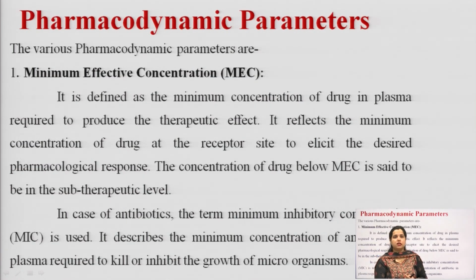Pharmacodynamic parameters are minimum effective concentration. Basically, minimum effective concentration is the concentration in plasma required to produce the therapeutic effect. It reflects the minimum concentration of drug at a receptor site to demonstrate the desired pharmacological response. That means it is the minimum dose required to show effect.